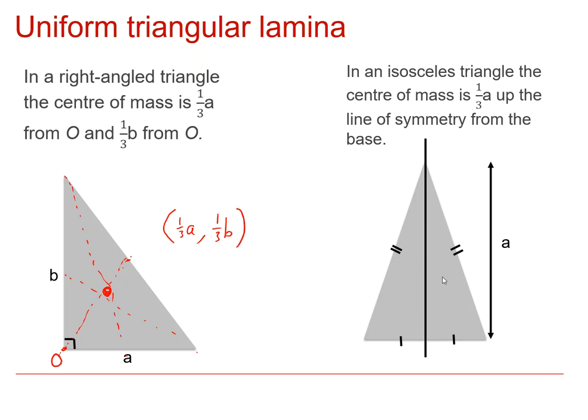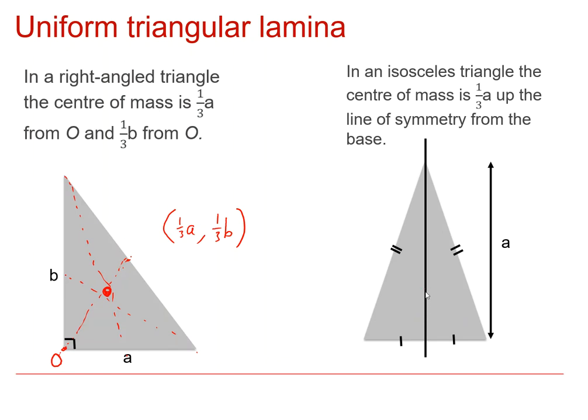If we have an isosceles triangle, well, by symmetry we can convince ourselves quite easily that the centre of mass is going to be on this line of symmetry, so we don't need to worry about where it is horizontally. It's obviously going to be on that line, and because it's made up of two separate right angle triangles, it will still be 1/3 of the way up.